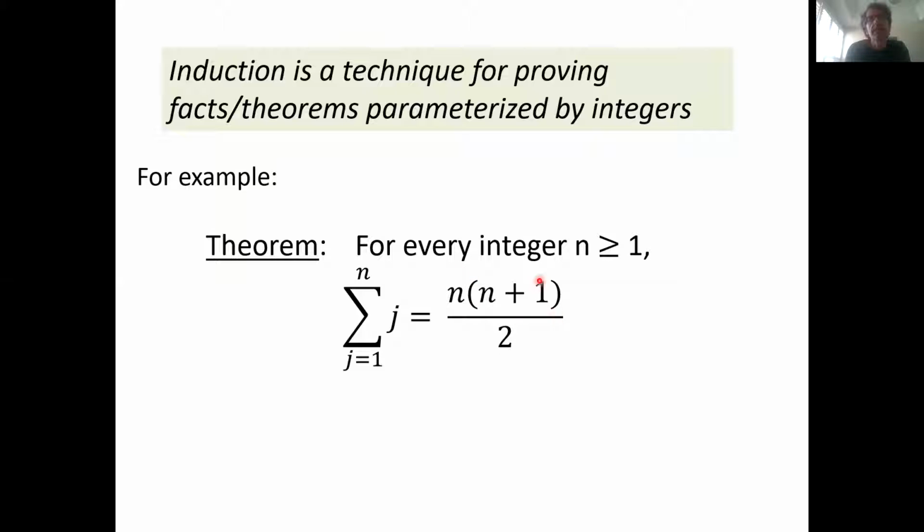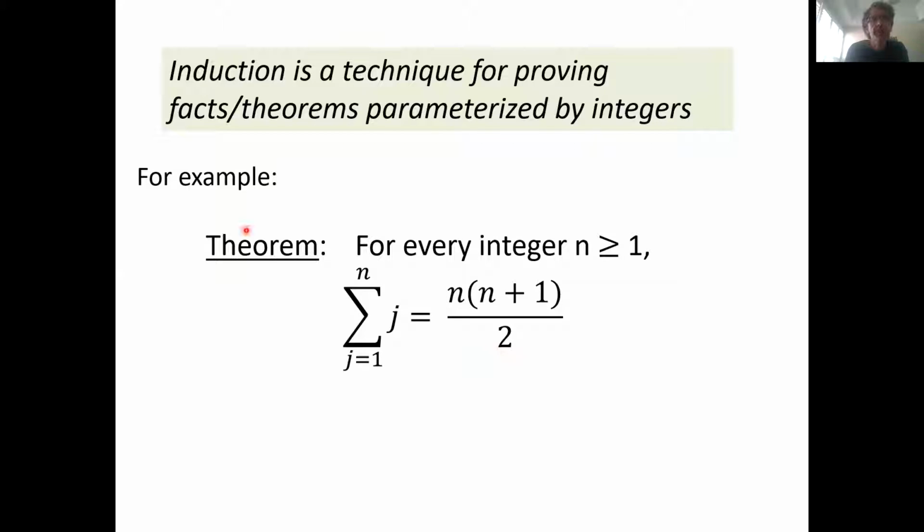This is a statement about an integer n. The statement is that the sum of integers from 1 to n is equal to n squared plus n over 2. It's a predicate. This predicate is maybe true about some n's, maybe false about others.